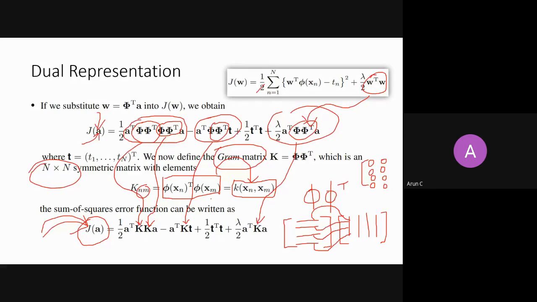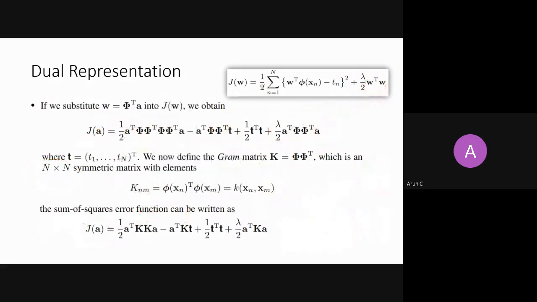So here, if you see this J(A), every time my sample exists, it never exists alone. Do you agree with me? So every time my data sample comes, it always takes a dot product with the other sample. Yes or no?